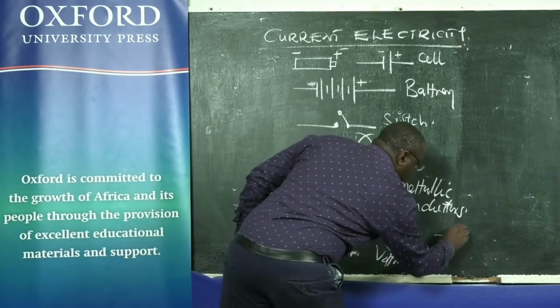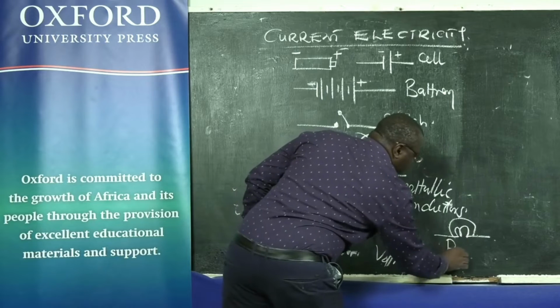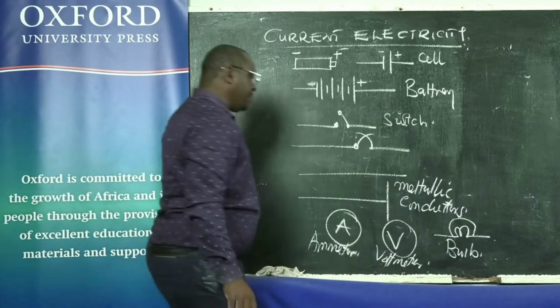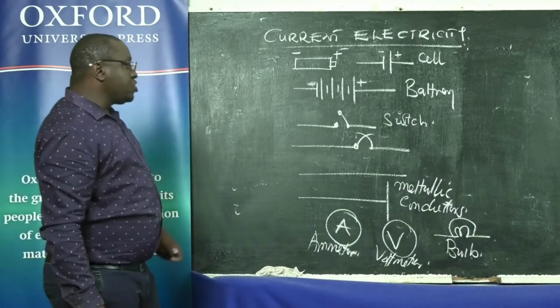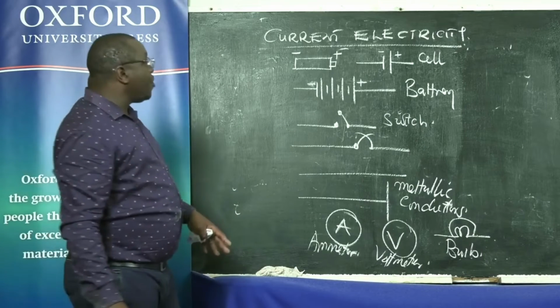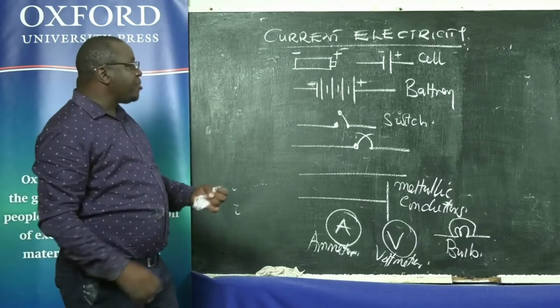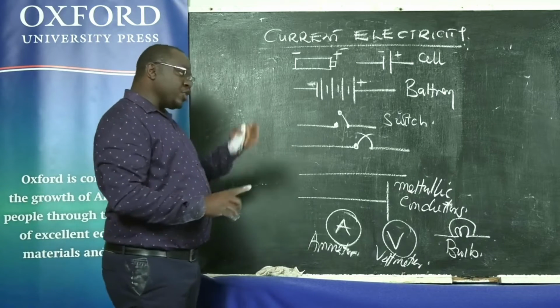Then we have this one that looks like this. This one is a bulb. Okay? So amongst a few that we're going to deal with, we have these plus a few more that are going to come into perspective as the right time comes. Like for example, we have resistors, rheostats, and so many other things.